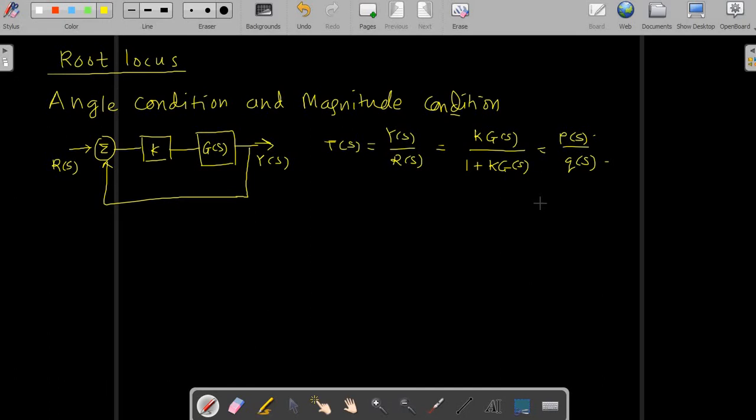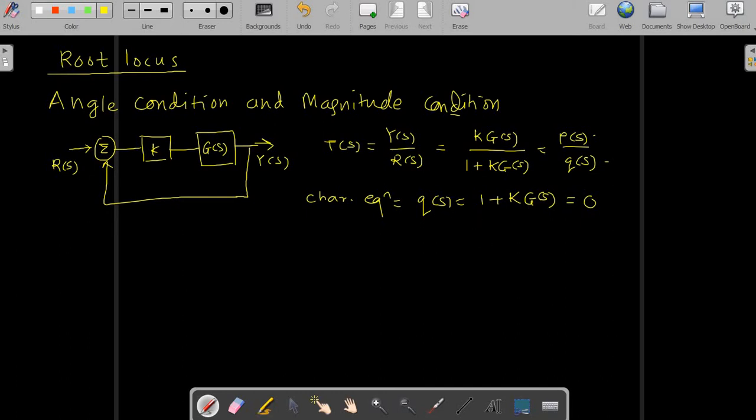Now the roots of the characteristic equation. Let me write Q of S is equal to 1 plus K times G of S. Roots of the characteristic equation determine the modes of the response of the system.